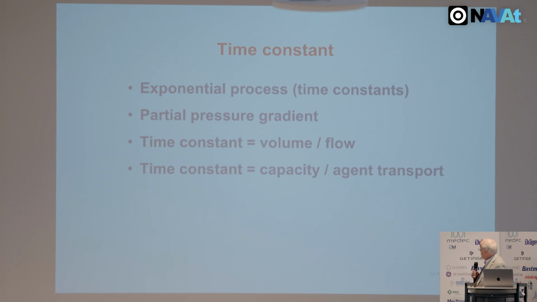It works with partial pressure gradients. It's volume divided by flow, but in the case of an inhaled anesthetic, volume has to be replaced by capacity of the organ for that product. And instead of simple inflow in mLs per minute, you have to use agent transport. So in the case of the brain, you have to use cerebral blood flow times blood solubility. That gives you the amount of agent that is washed in.